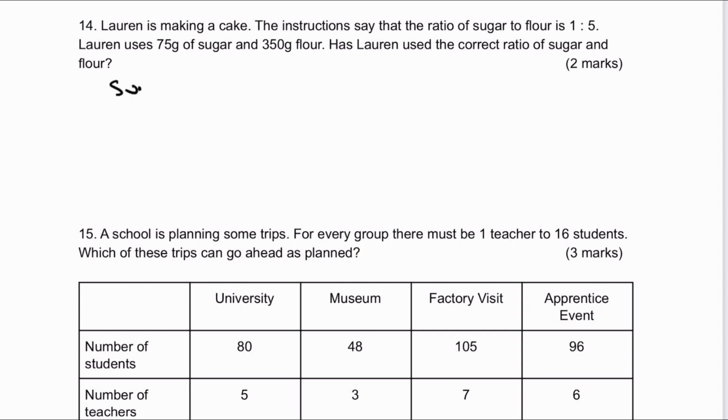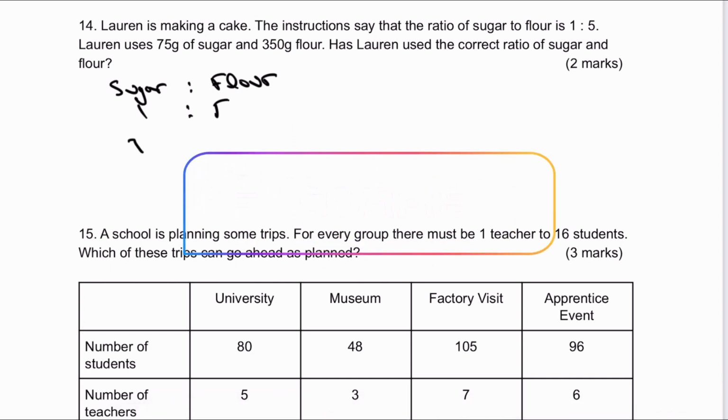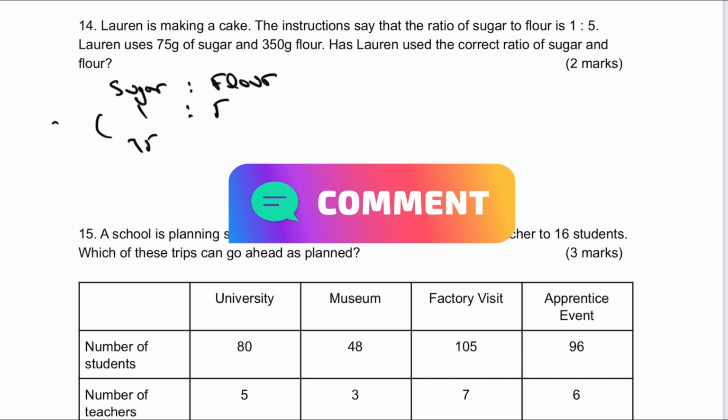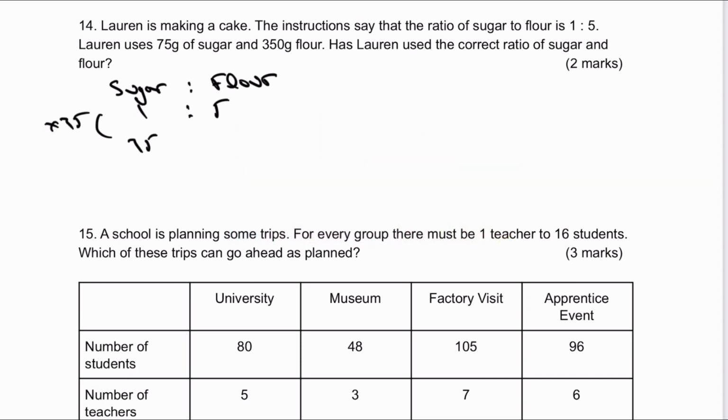We're going to say sugar, and we're going to say flour. Okay, and it's in the ratio of 1 to 5. So if she uses 75 grams of sugar, how much flour would she actually need? Well, if we multiply that through by 75, I need to multiply flour by 75.